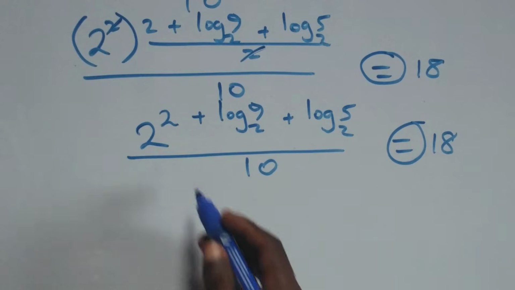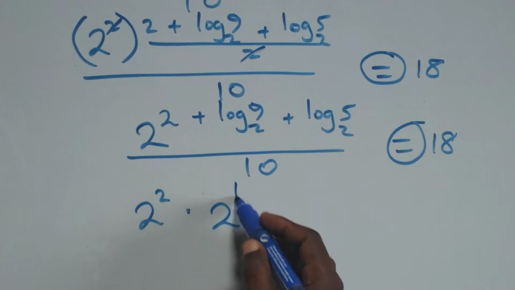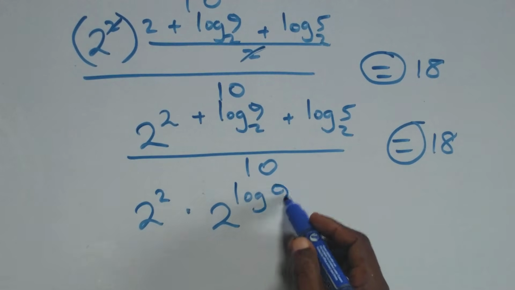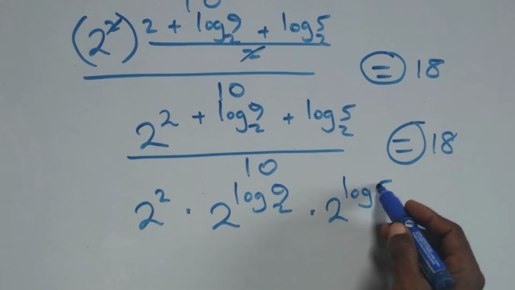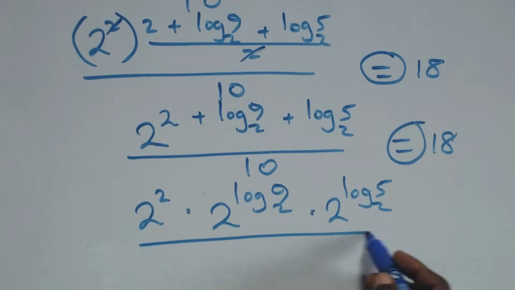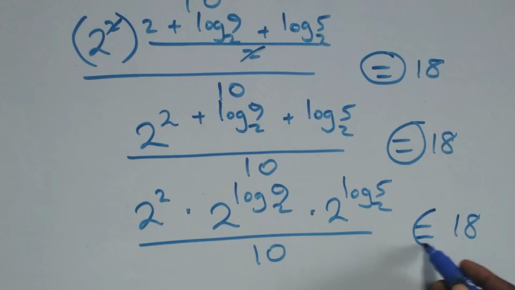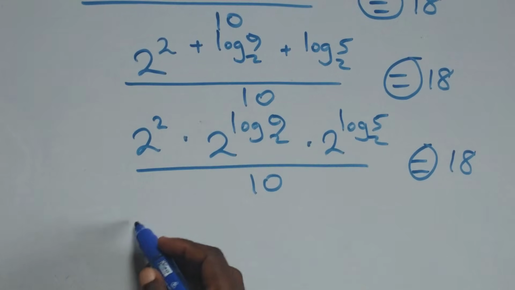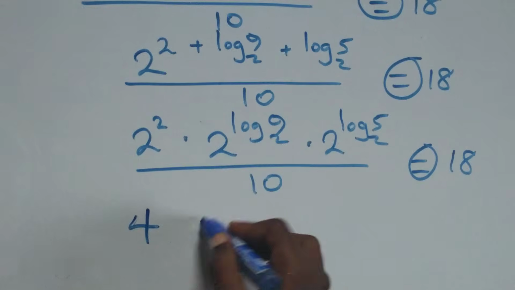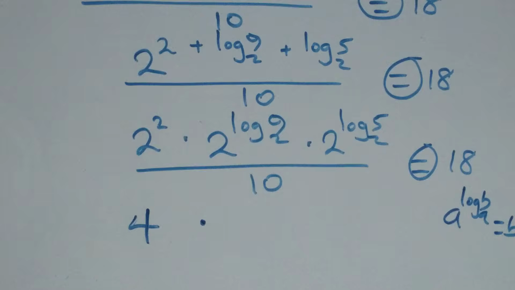Okay, and when we separate this, write it as 2 square times 2 raised to power log 9 base 2 times 2 raised to power log 5 base 2 all over 10. This equals 18 here. Then 2 square here, that's 4. And this follows when we have a raised to power log b to base a, which equals b.